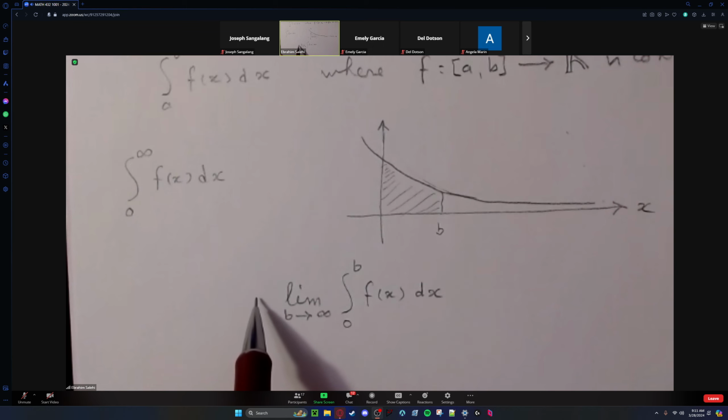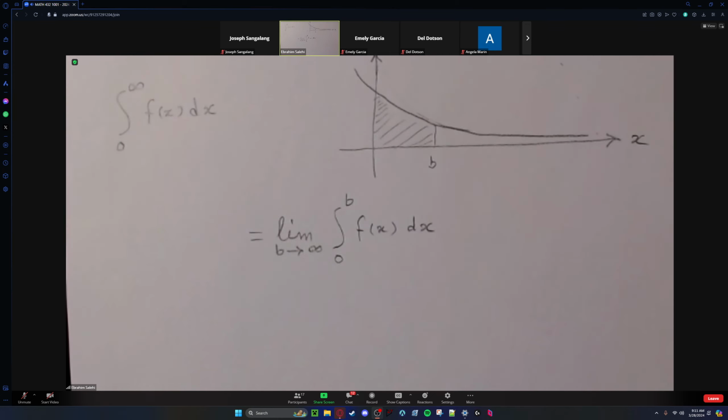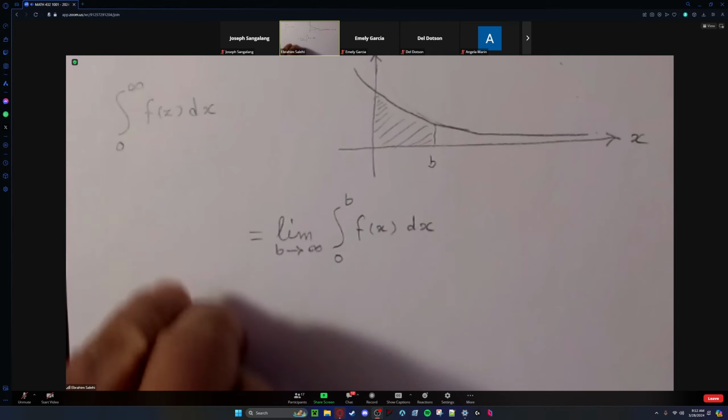Same thing with negative infinity, all right? Same thing with negative infinity. When you are dealing with integral, let's say from negative infinity to 0, let's say I'm not going to go with f of x dx, a function g of x dx, doesn't matter. Yeah, let's say g of x dx.